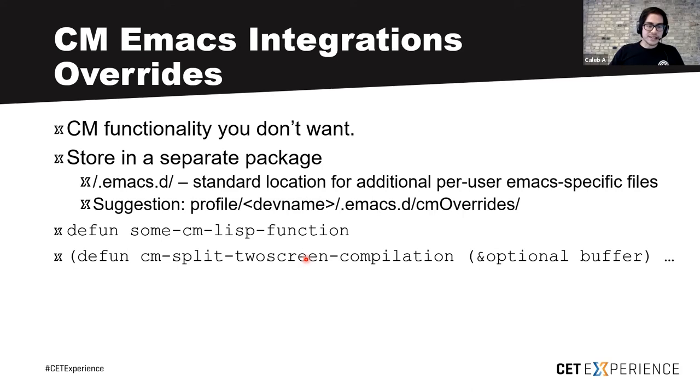And when it creates the new frame, it just arbitrarily sets the background color to gray 88. And this was wiping out my theme's background color. So basically I overrode this function to no longer do that, and I put it into my CM overrides package.